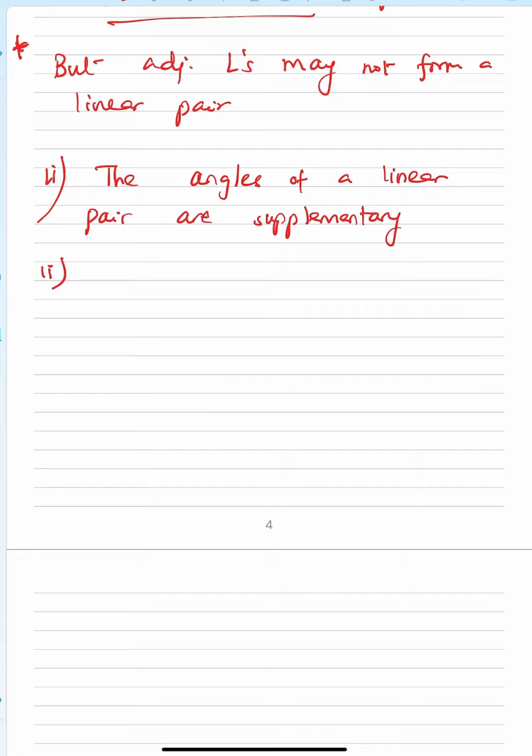Okay, but supplementary angles may not form a linear pair.